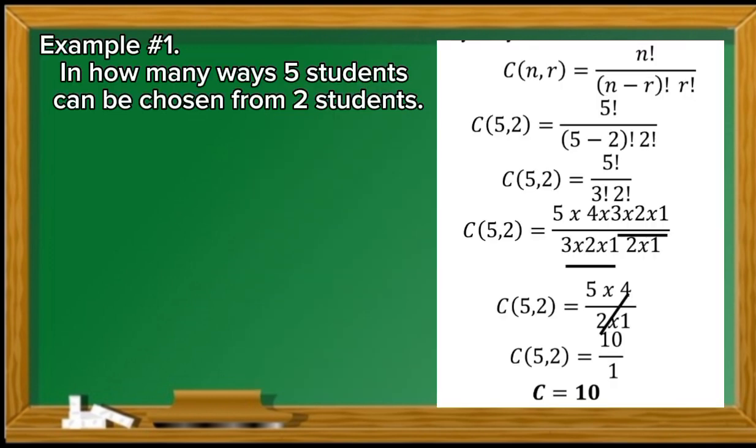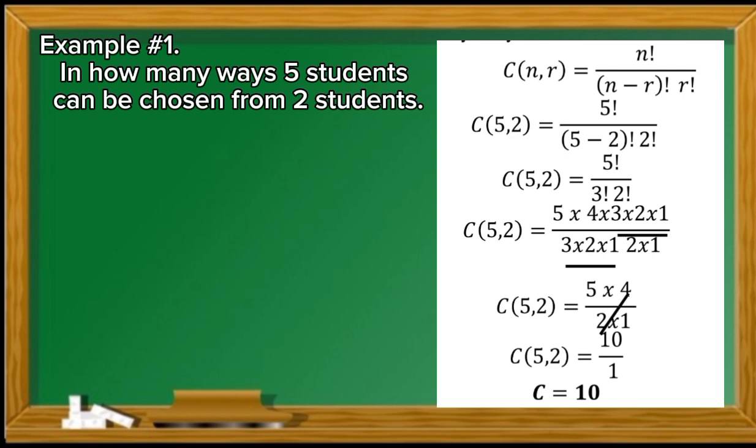So let's proceed to example number 1. In how many ways can 2 students be chosen from 5 students? So we are going to use the formula of combination taken R at a time, which is C(N,R) equals N factorial over N minus R factorial times R factorial.